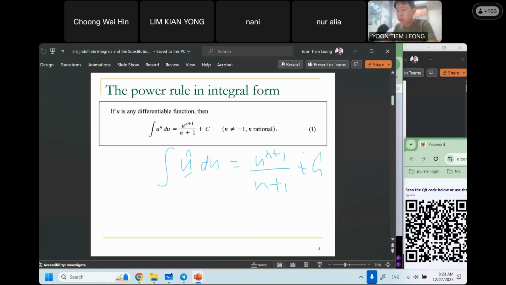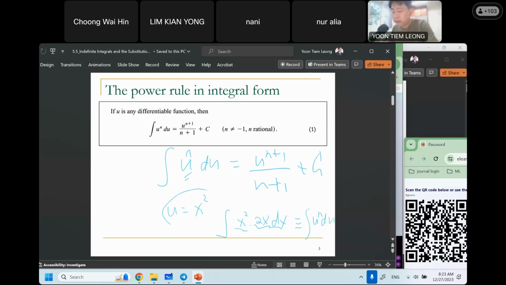Now here, u is some specific function. For example, say u is equal to x squared. So if you see an integration in the form of x squared times 2x dx, then this integration is actually in the form of u to the power n du.